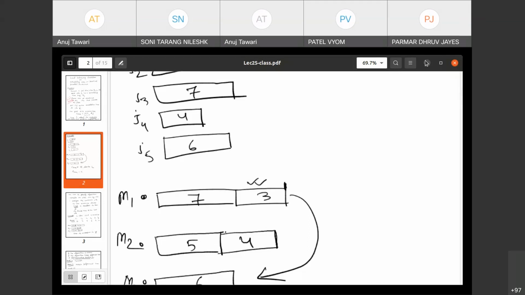Sort the jobs in descending order, and then what do you do? Assign the first M jobs to M different machines. Then traverse through all machines and decide where to put the remaining jobs so that Cmax will be minimum.